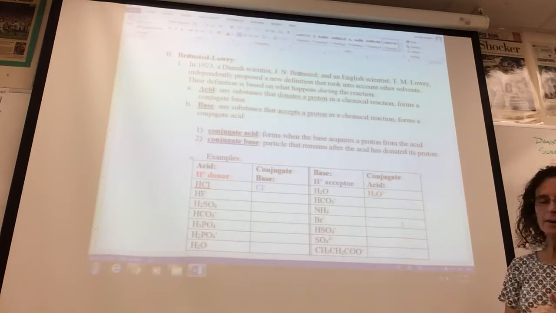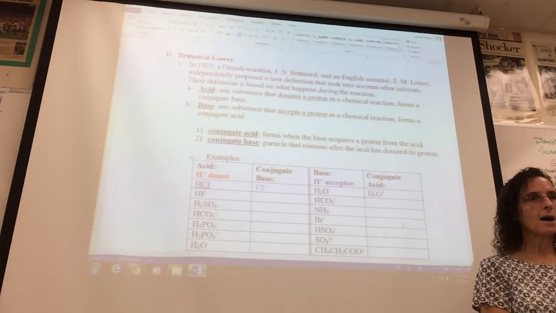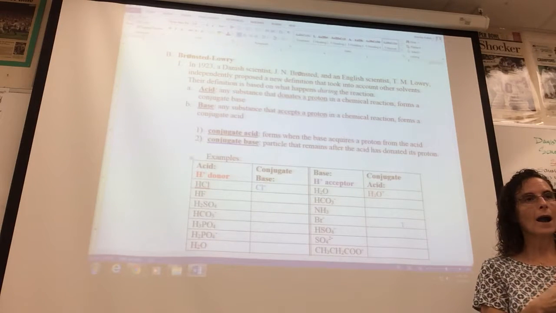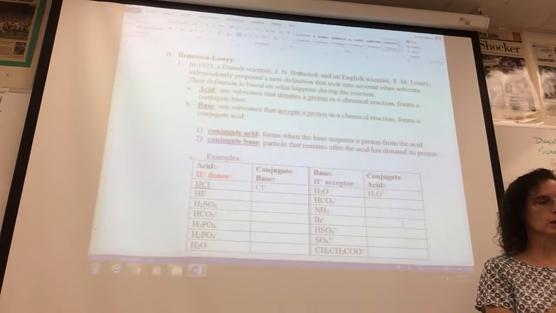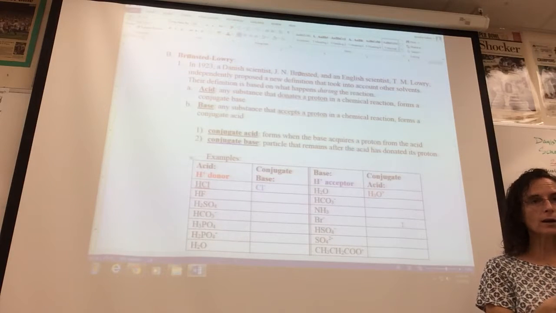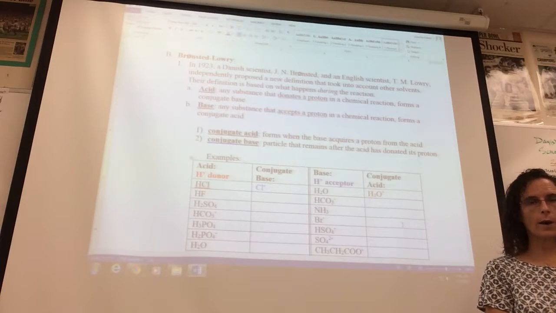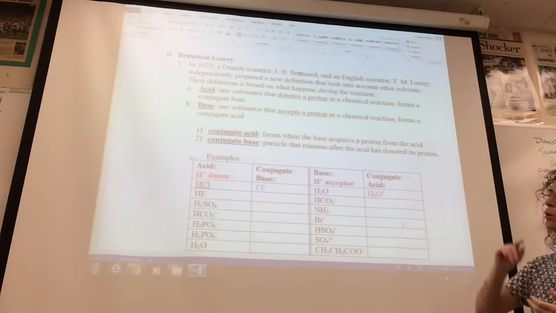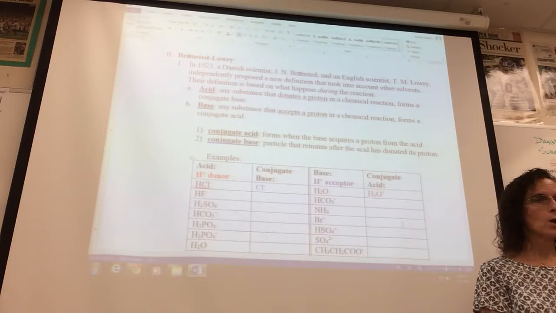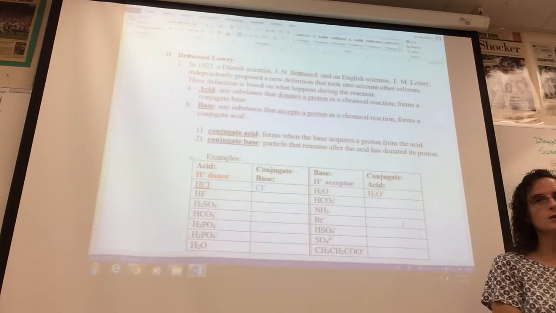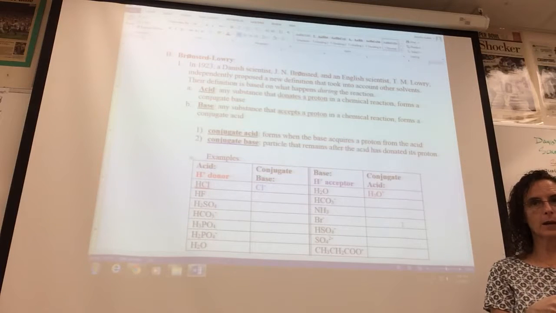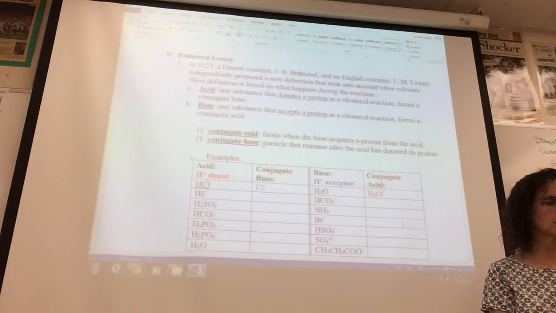With the Bronsted-Lowry definition, they're going to use different solvents, and they're not going to focus on what gets generated, but rather what happens during the reaction. So during the reaction, what's going on? What they noticed is that acids donate protons. When they donate protons to a base, the acid forms a conjugate base. I'll go into this in just a minute.